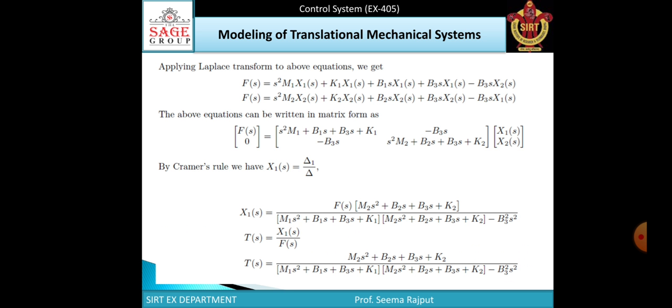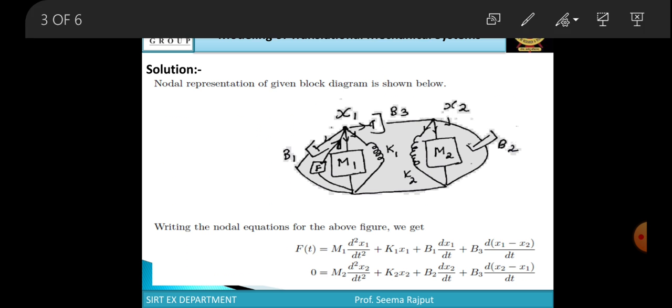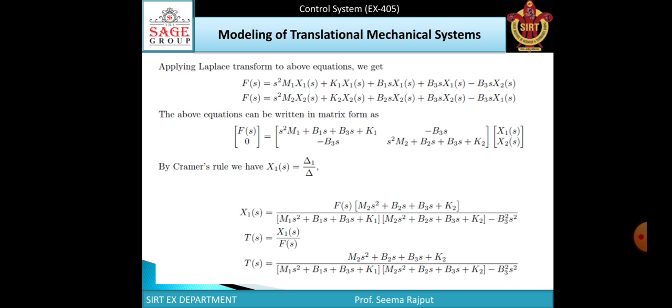Now applying the Laplace transform to the above equations, the initial condition is 0. So F(s) equals s² M1 X1(s) plus K1 X1(s) plus B1 s X1(s) plus B3 s X1(s) minus B3 s X2(s). Here we have to separate the x2 and x1 terms.